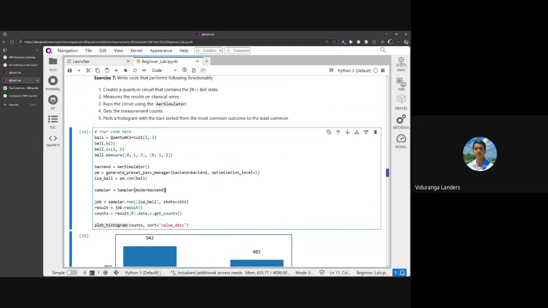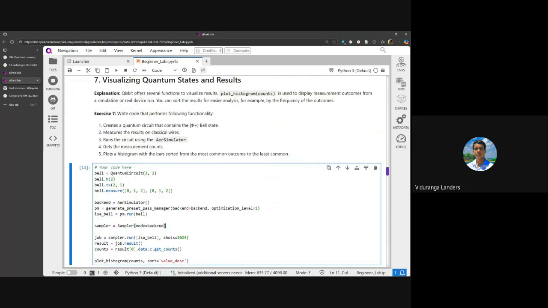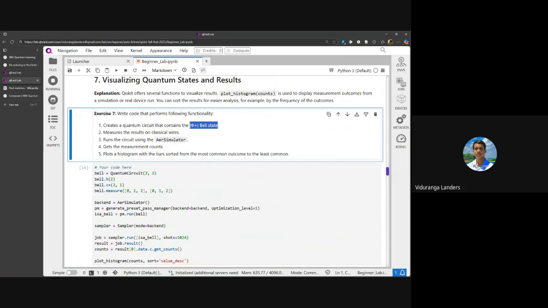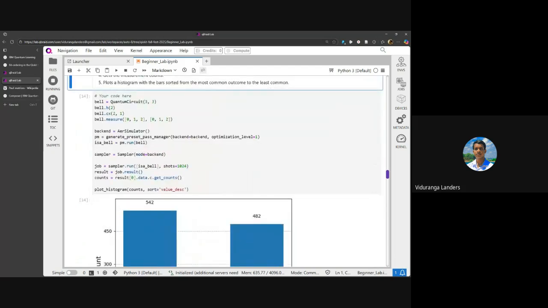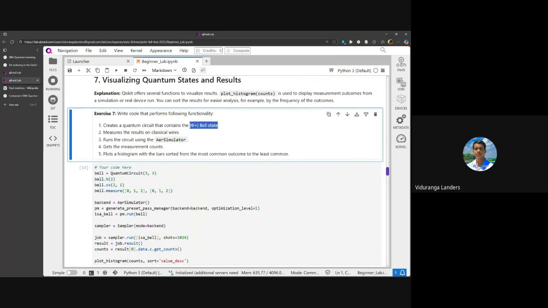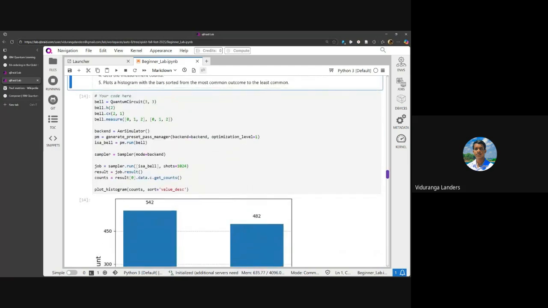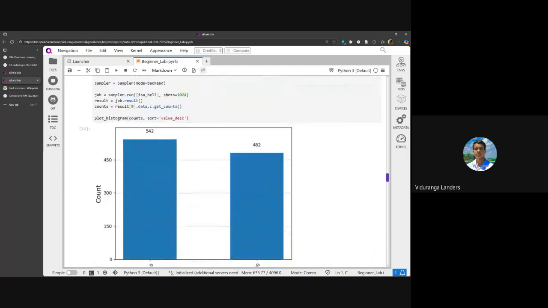Again, this is not the exact Bell state that you are required to create. This is the same Bell state that we created above. Again, in that also I didn't use the correct circuit. So you can easily find out which gates you should use to create this Bell state and edit the necessary functions to achieve that state.